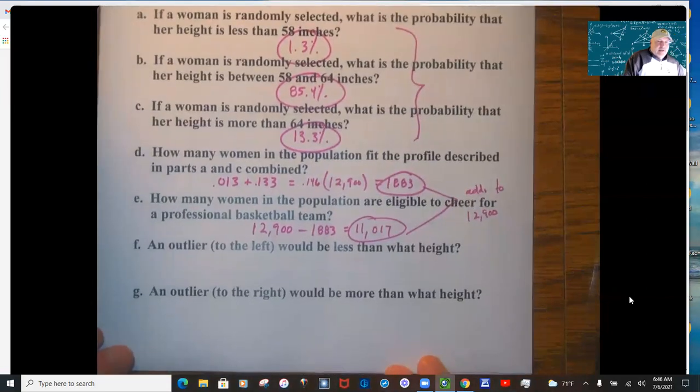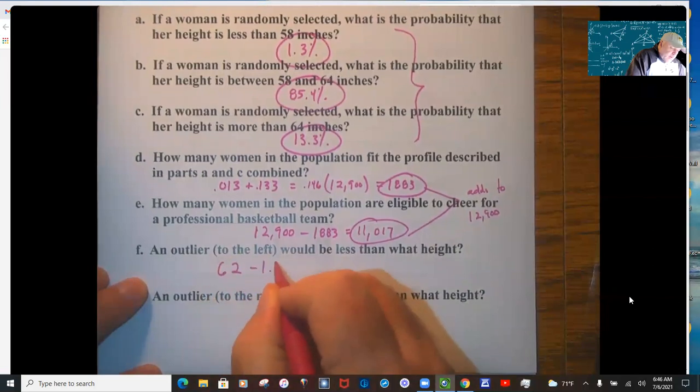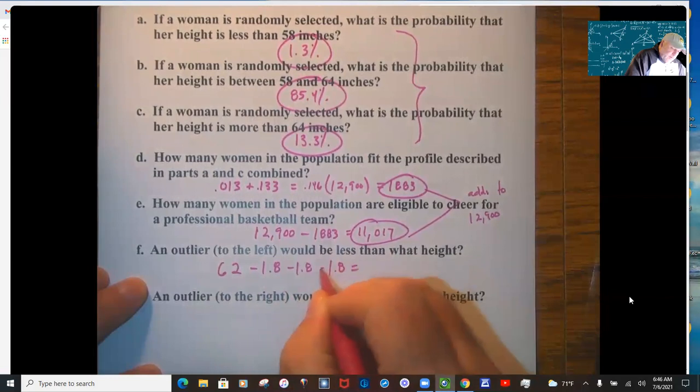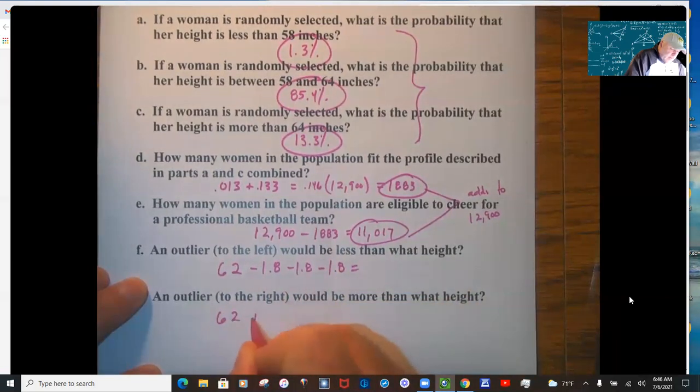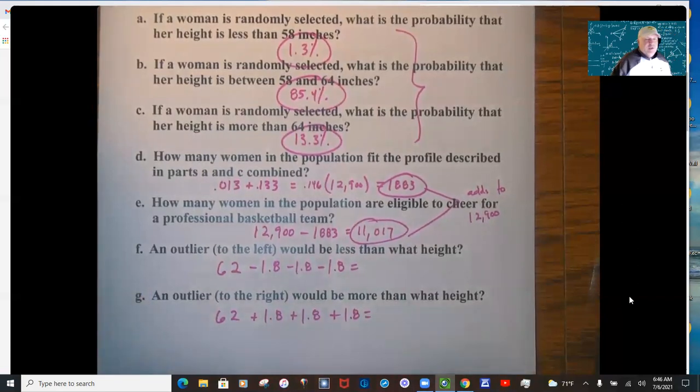Outlier to the left and the right. So this is where you subtract 3 times. It's 3 times, boys and girls, 3 times. And you add 3 times. So that's the purpose of the standard deviation, to let you know, when you can't see all the data, what values you're working with for how much of the data you're looking at.